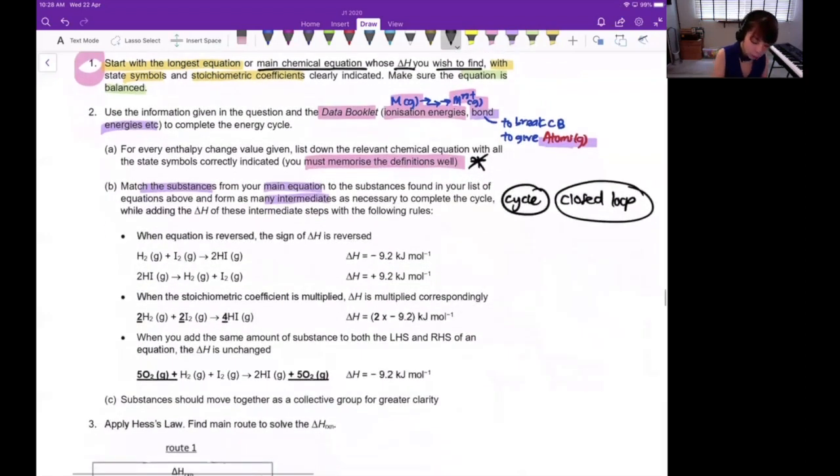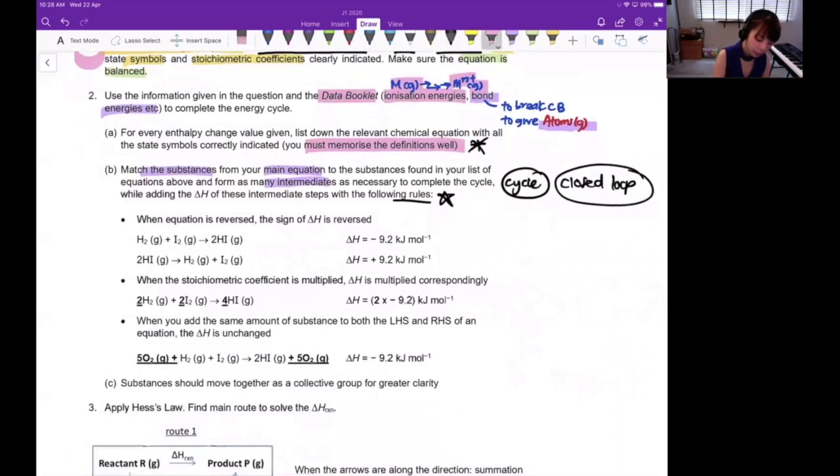Now, these are the rules that you need to remember, which we learned right from the start. When the equation is reversed, for example, I give you a reference value already: hydrogen plus iodine in gaseous form gives hydrogen iodide in gaseous form. If you ever need to reverse the process, then the value will be reversed, with the same magnitude.